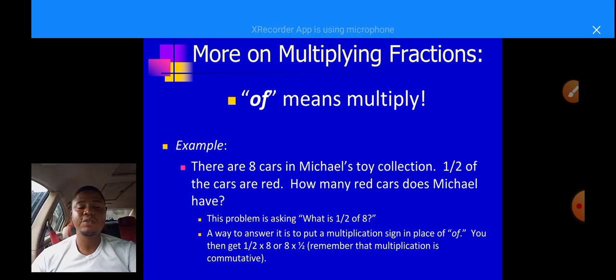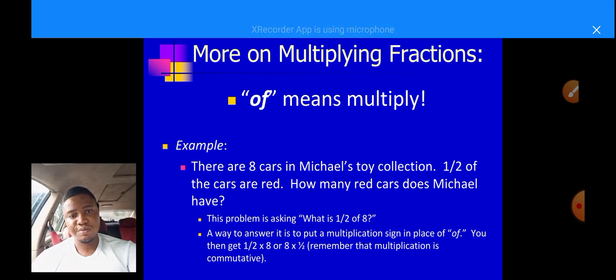So it's commutative, unlike subtraction. 50 minus 2 is not the same as 2 minus 50. So multiplication is commutative, and half times 8 and 8 times half is the same thing.